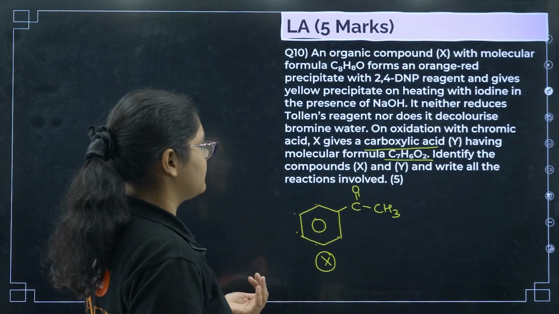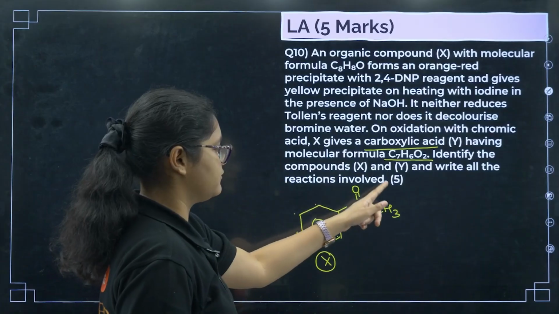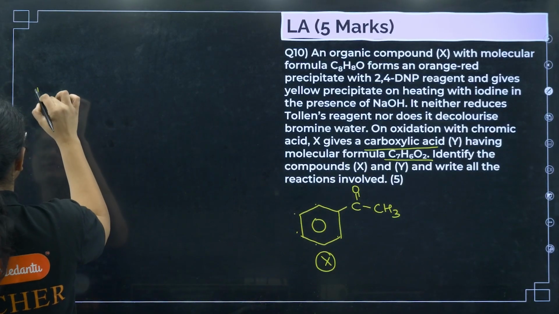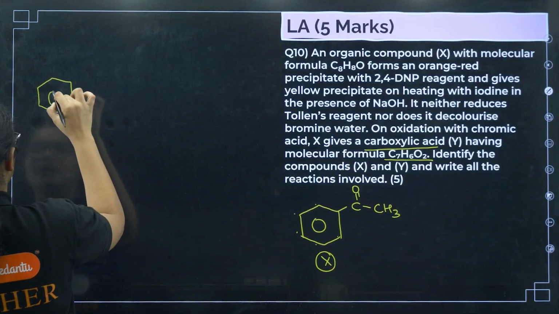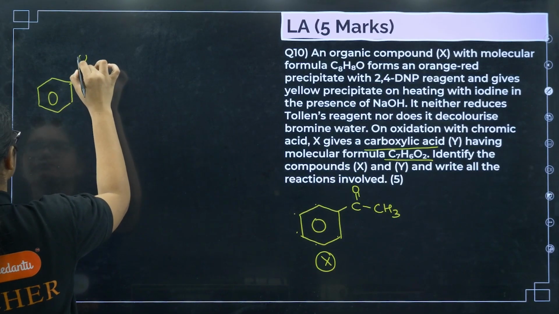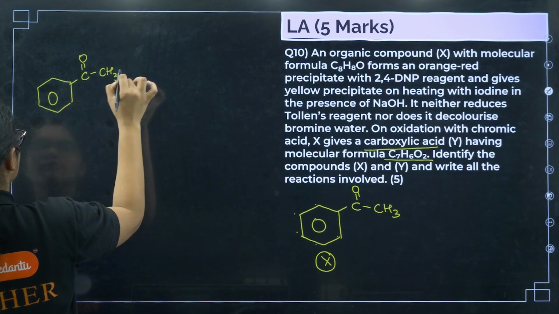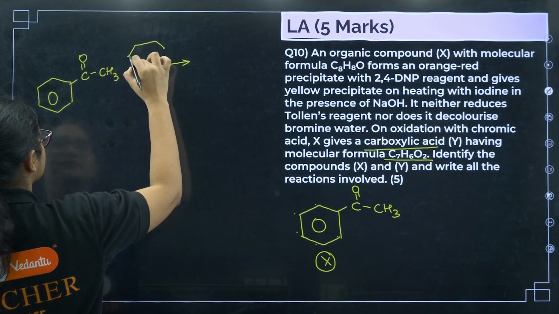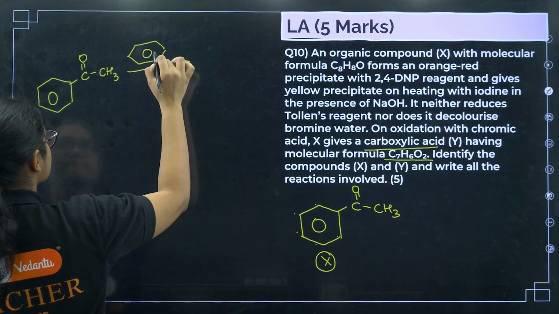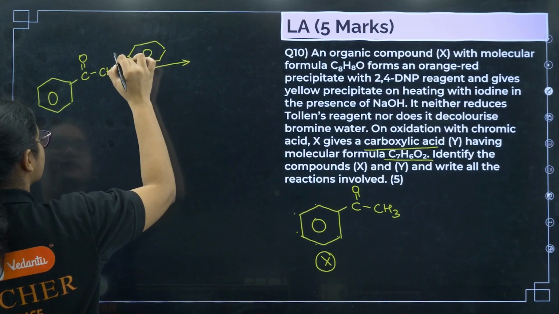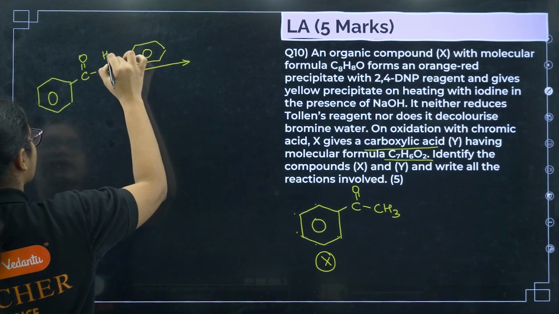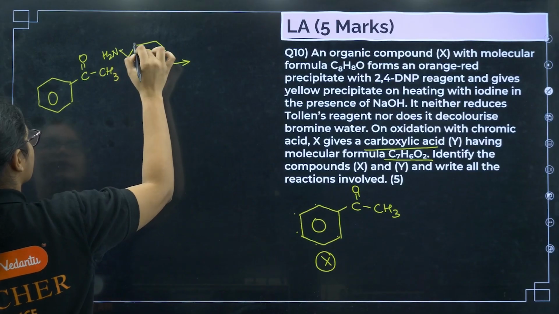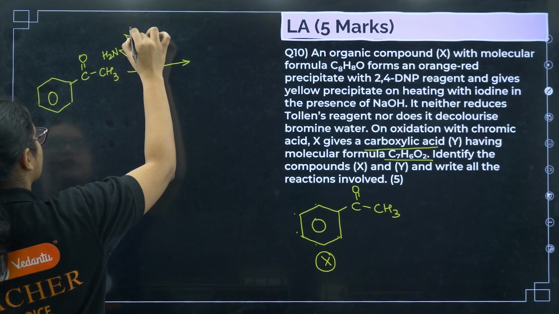It reacts with 2,4-DNP and gives a yellow precipitate, definitely. So let us write down all the reactions of this one first. When it reacts with 2,4-DNP, we have H2N and then 2,4-DNP.